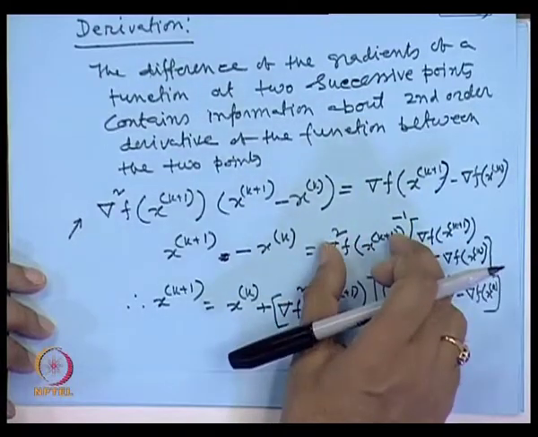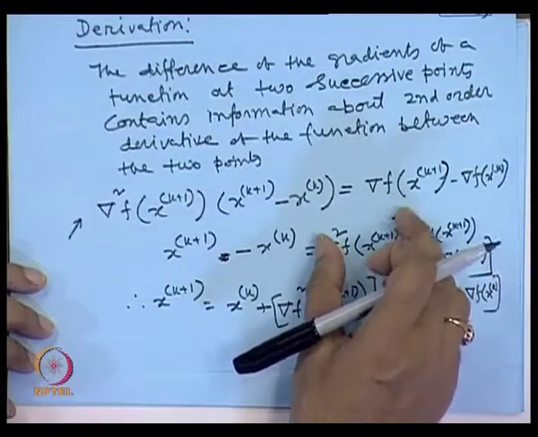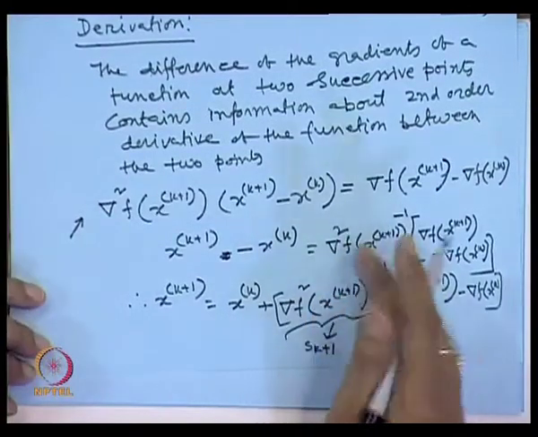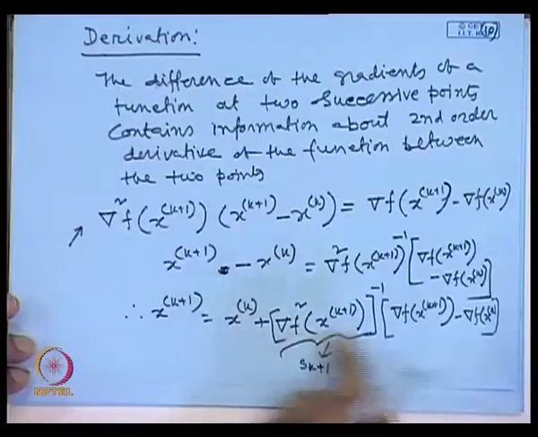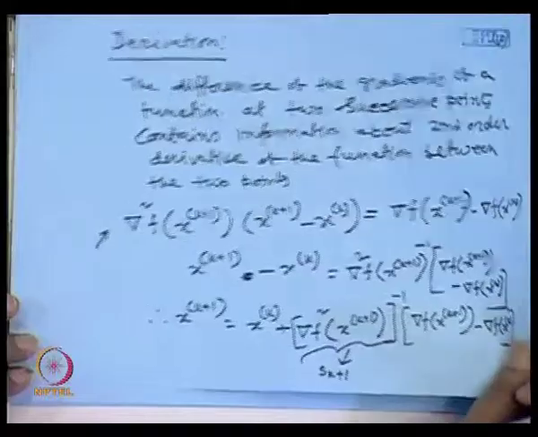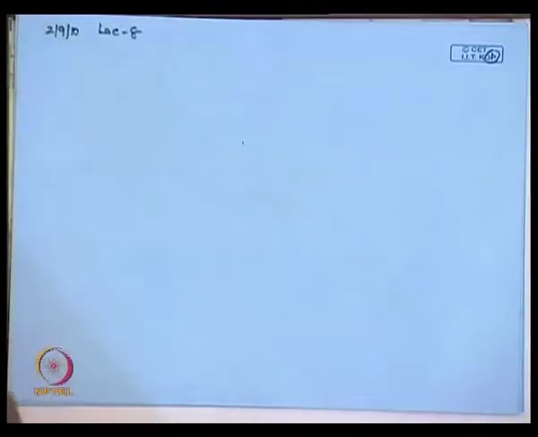So we are not taking the inverse; we are replacing it by a matrix x k plus 1. Now see how this x k is updated each time. That we will discuss now.